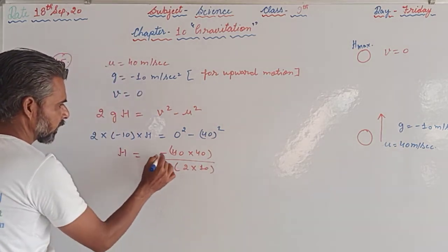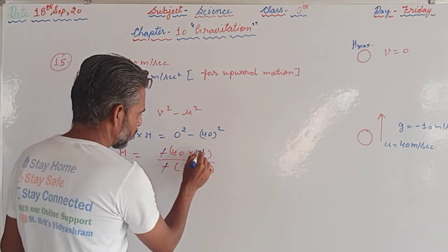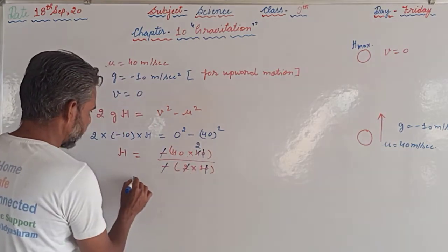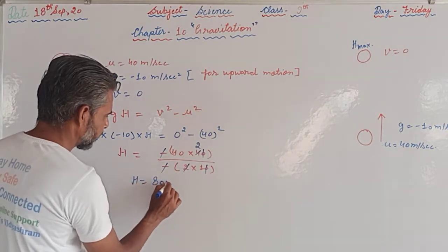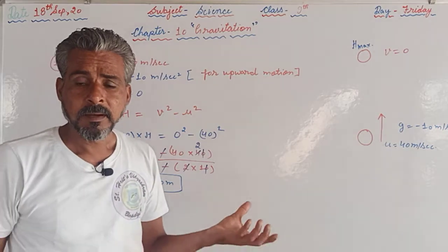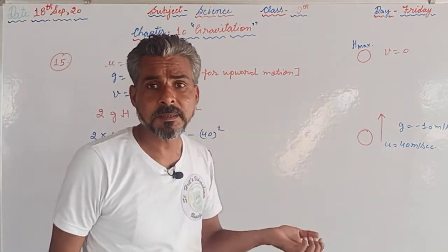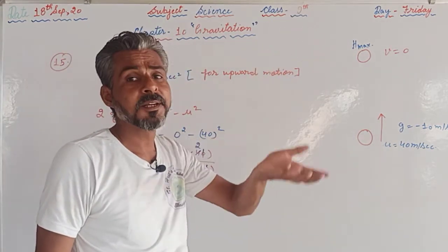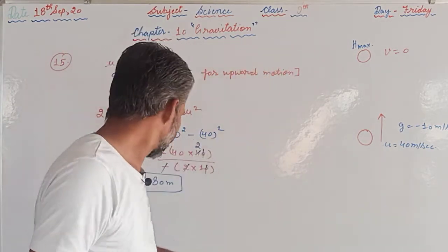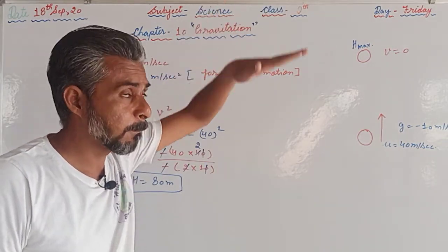So minus will cancel out minus, and 0 will cancel out 0, and 2 to 4, and h will be 80 meters. So when a stone is thrown with initial velocity 40 meter per second in the upward direction, it will reach the height of 80 meters, and after reaching the height of 80 meters it will come back.